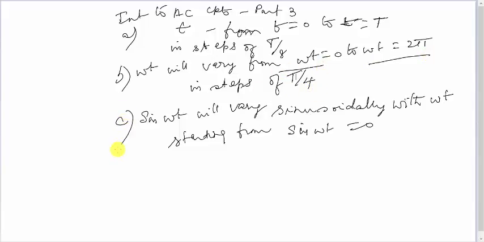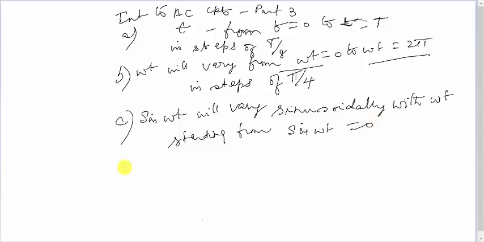And C, the sine value will vary sinusoidally. We can't find a range because it will start increasing, reach a maximum, then decrease, go to the negative value, and then once again reach a maximum on the negative side. So the variation is sinusoidal, so we cannot fix a range as we do for the x coordinate.